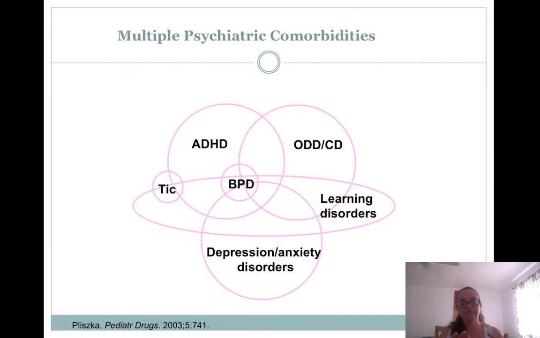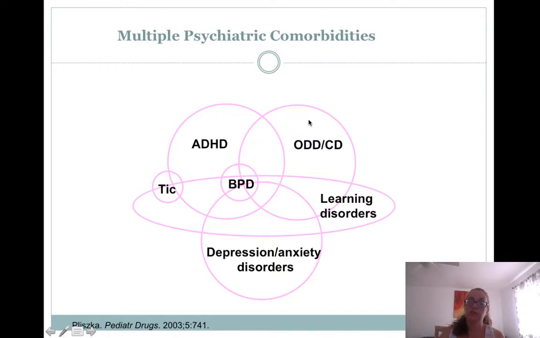So you have ADHD, and it is connected to other diagnoses, ODD and CD, or oppositional defiant disorder and conduct disorder, which we're going to talk about next. There's some kids with ADHD who also have this, but notice there's a lot of kids who have those diagnoses that don't have ADHD, okay?